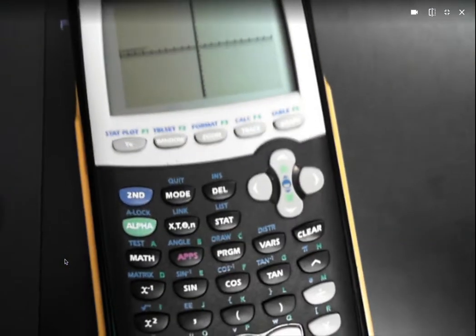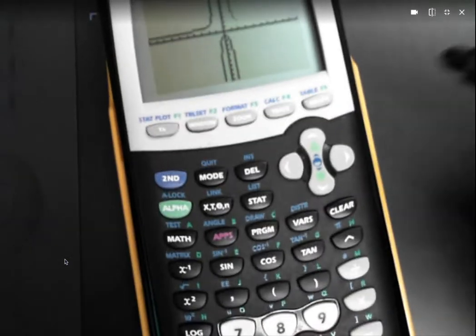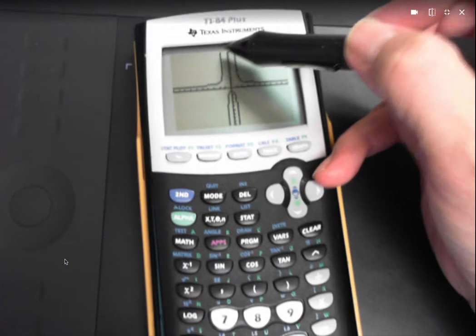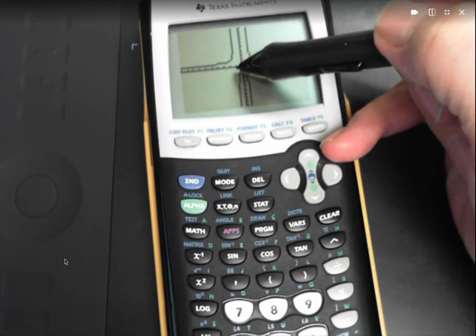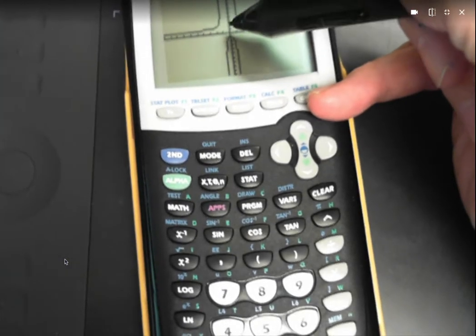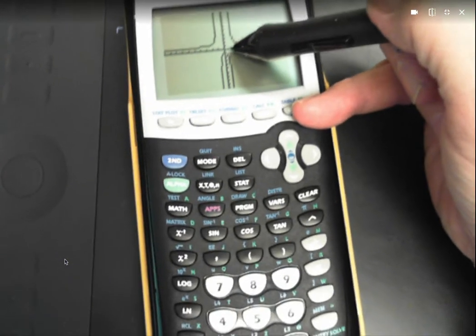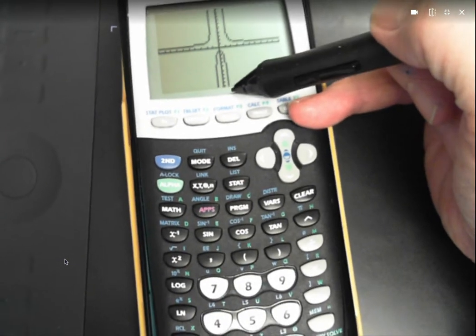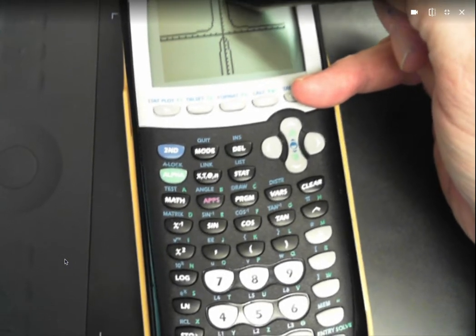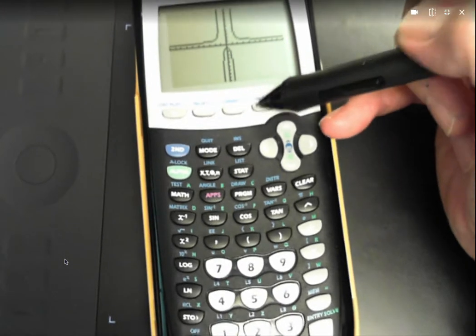If I hit graph, you'll notice there are two asymptotes. One here at -1. Do you see there's an invisible line that your graph cannot cross? And there's one here at +1, an invisible line you cannot cross. We're trying to approach it, but we can't cross it. That's what an asymptote is.